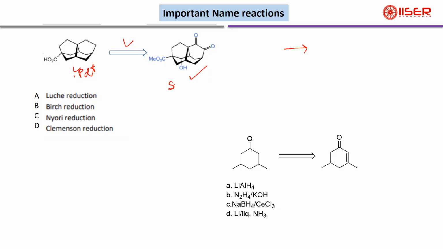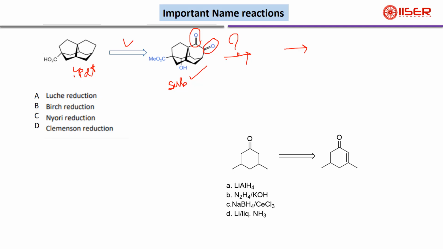So if you think this is our substrate, what reaction should we perform on this to get this as our product? Our options are Luche reduction, Birch reduction, Wharton, Clemmensen. So there are two carbonyl moieties which have been reduced. Which type of reduction will we usually use?